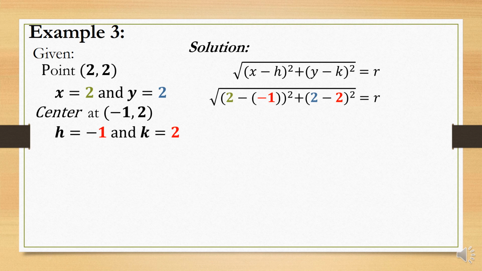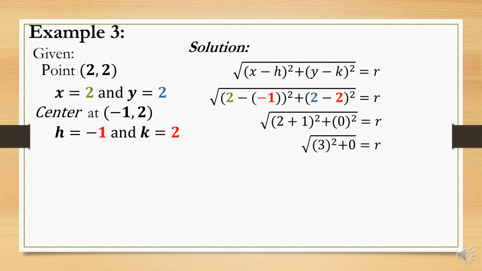Then perform the necessary operations. We have the square root of the expression 2 plus 1, since negative times -1 is positive 1. And we have 2 minus 2, so that is 0. So we have the square root of the quantity 2 plus 1 squared plus 0 squared is equal to r.